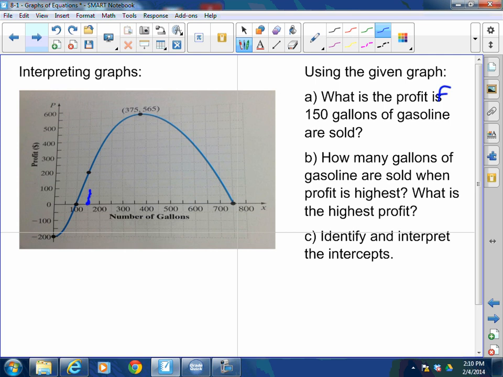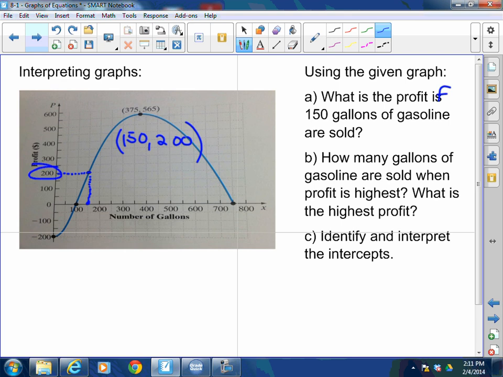Go straight up till you hit your graph. Now go to the left. Boom, 200. When x is 150, y is 200. So that's how much money they're going to make in profit, in millions.